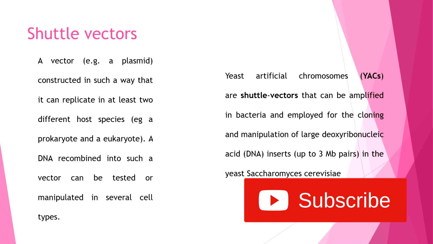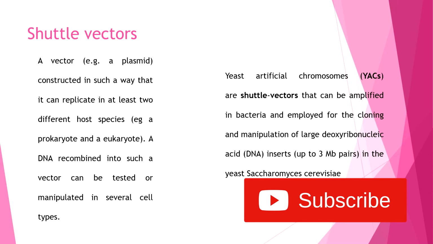One example is the yeast artificial chromosome. They can be amplified in bacteria, and large DNA inserts can be manipulated in yeast, Saccharomyces cerevisiae. Another example is the Agrobacterium-mediated T-DNA, which also shuttles between prokaryotes and eukaryotes.